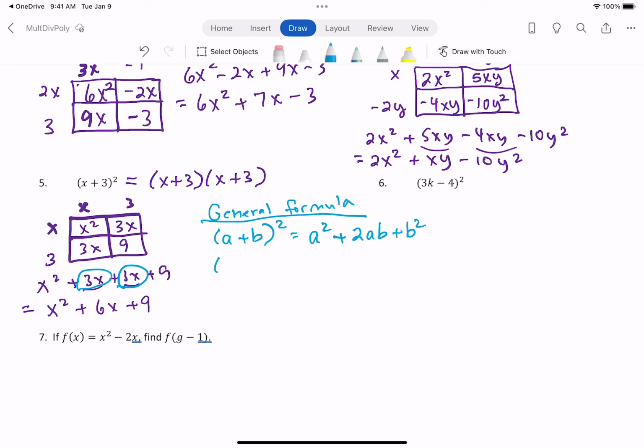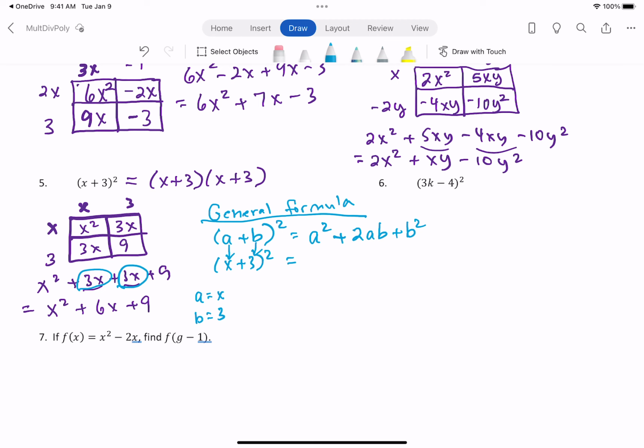So if you look at this problem again with the formula, you see in the place of a is the x and in place of b is the 3. So we can say that the a is x and the b is 3, and we can substitute that.